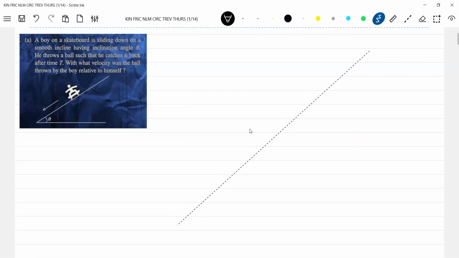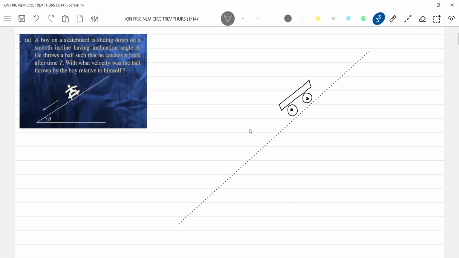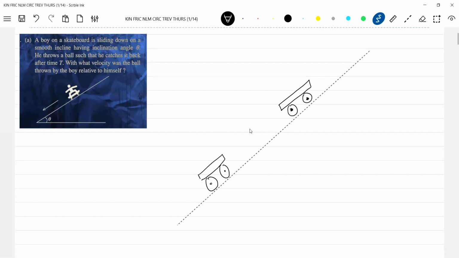He throws a ball so that he catches it back after time t. What velocity was the ball thrown with relative to himself? Again, after some time, it will be available here. So what should be the speed of projection?